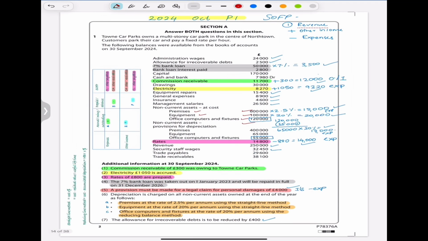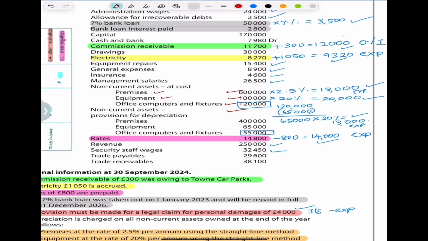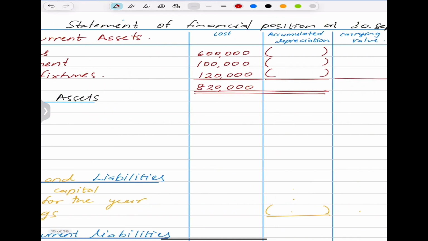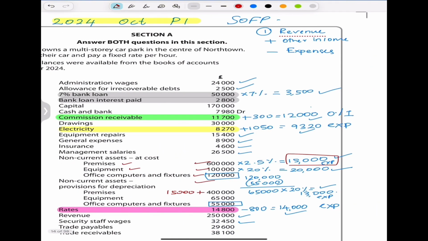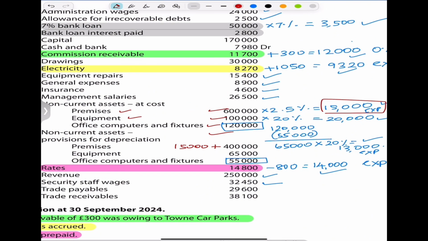Now, how do we do that? For premises, we have opening 400,000, plus we calculated 15,000 for the current year. If we add these two together, we get 415,000. Then for equipment, there's 65,000 opening balance depreciation and current year 20,000.